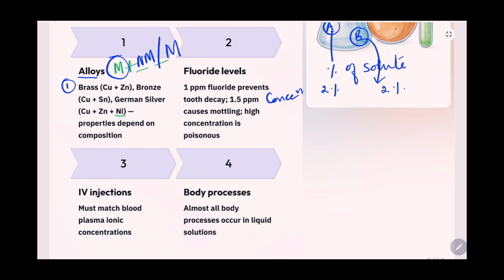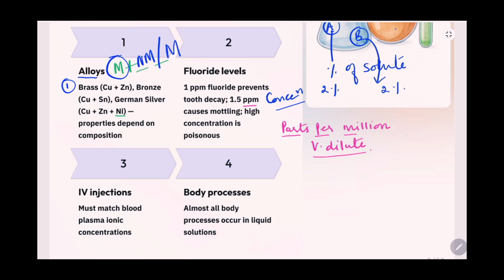So in this chapter you will also understand how to express the concentration of solutions. Here a very important unit is used, that is parts per million. You are going to express the concentration of very dilute solutions by using this unit called parts per million.